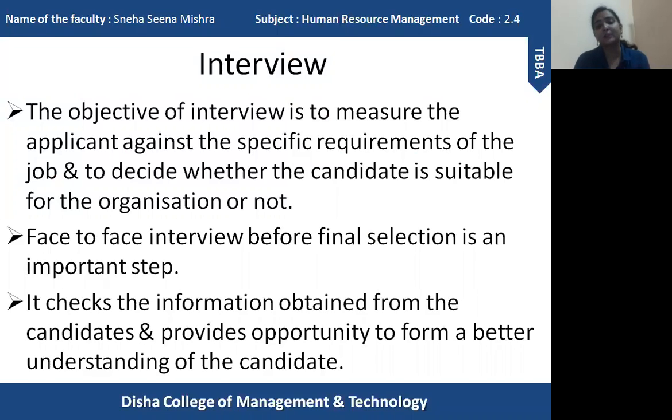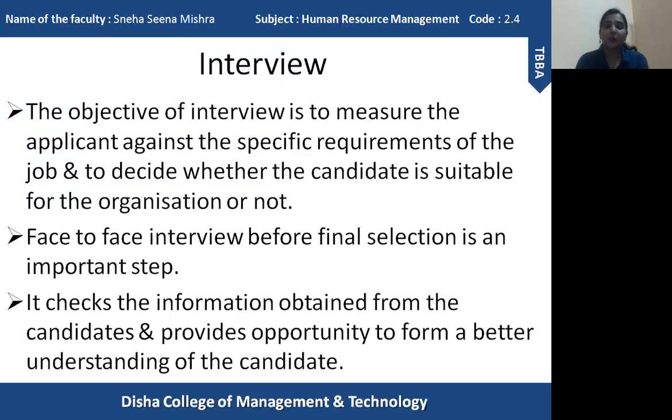So first of all, what is an interview? Like any other step of the selection procedure, the interview also helps the management to gather information regarding the specification of the candidate, so that the management can compare the candidate specification with the requirement of the job, and they will be able to select the best candidate for the job.